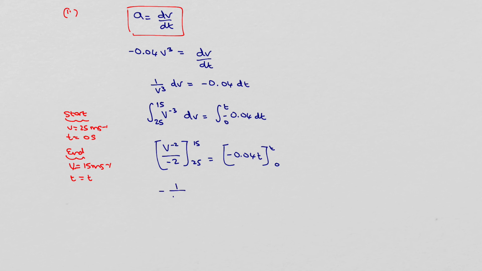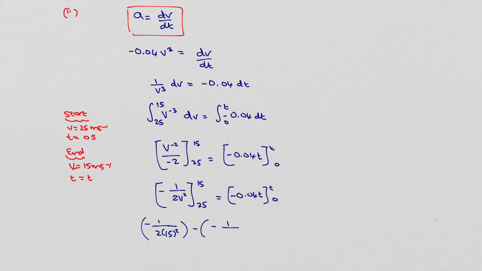So that's minus 1 over 2v squared, with the limits of 15 and 25. Now subbing in my limits, I have minus 1 over 2 times 15 squared minus minus 1 over 2 times 25 squared, and that's equal to minus 0.04t minus 0.